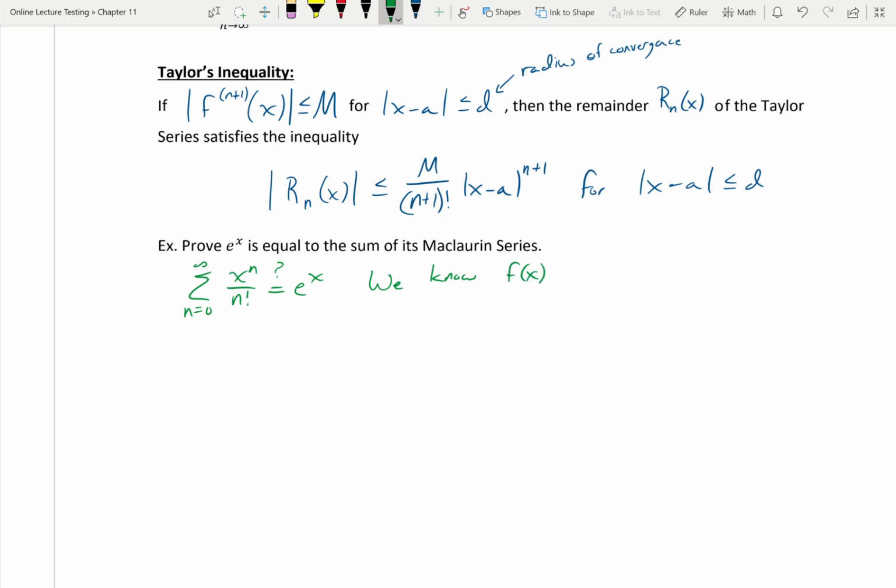We need f of x, we know that is equal to e to the x, and the (n plus 1)th derivative, because we're going to pop up Taylor's inequality in just a second. So when we take the nth derivative, or the (n plus 1)th derivative, we're still going to get e to the x out. And this is true for all n.